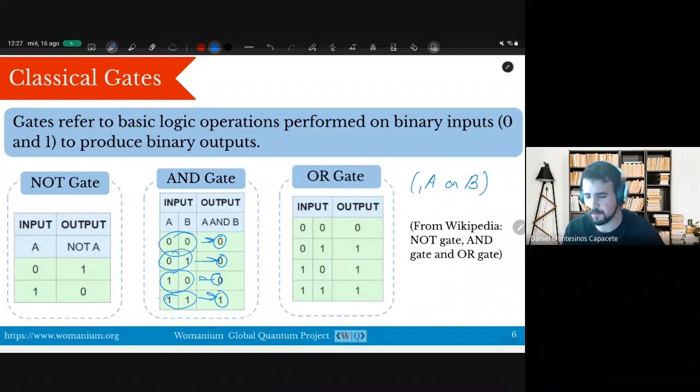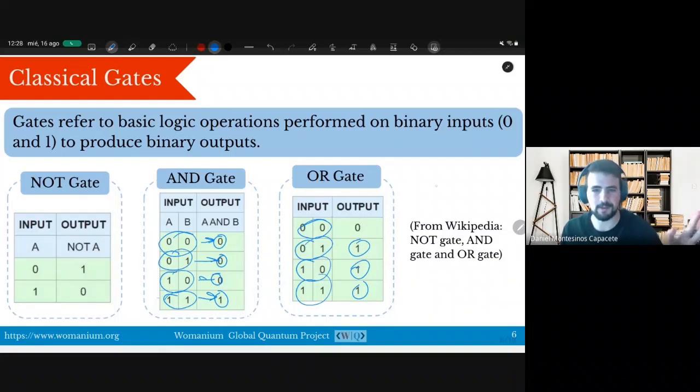But if this is the only true variable, this will still be true. So basically, if you have 0 and 0, it will be 0. But for the other combinations, you always get 1, right? So these tables I have taken from Wikipedia. You can find more information there in case you are interested.